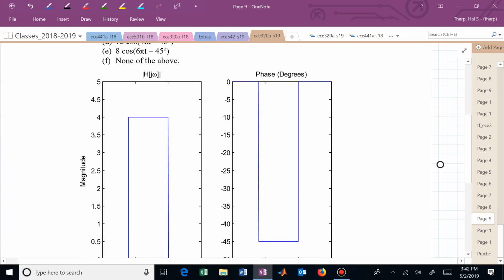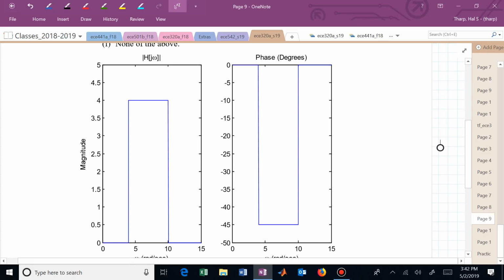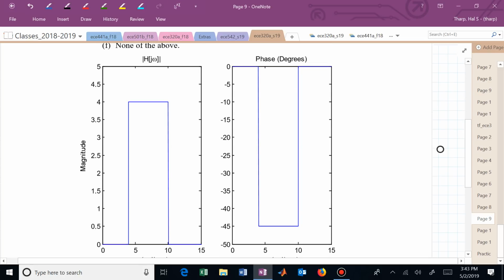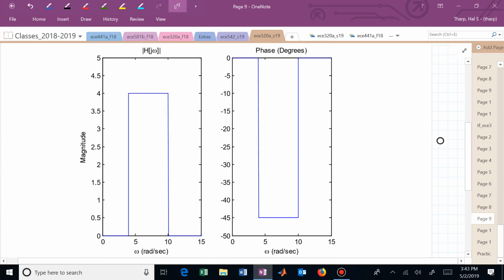It's not so much a Bode plot because the magnitude is not plotted in dB, it's plotted in absolute value. It's just the actual gain of h at various frequencies, and here's your phase at minus 45. Only for certain frequencies. And those are in omega. So what does this chart give you?